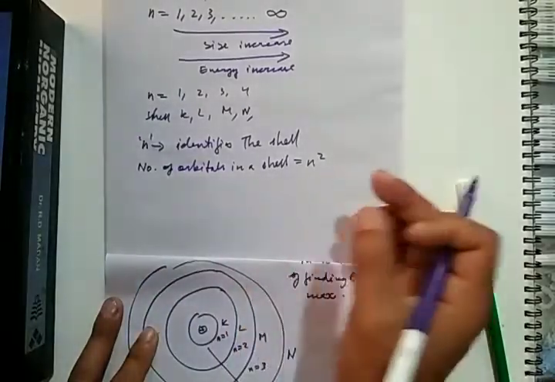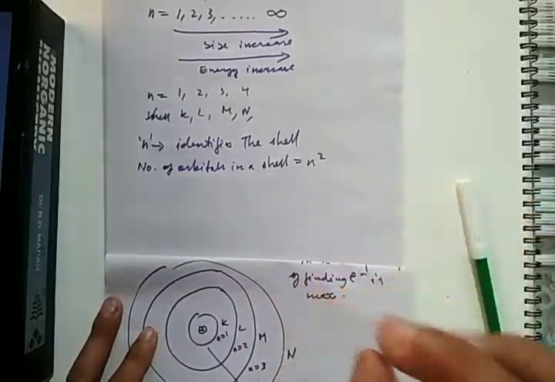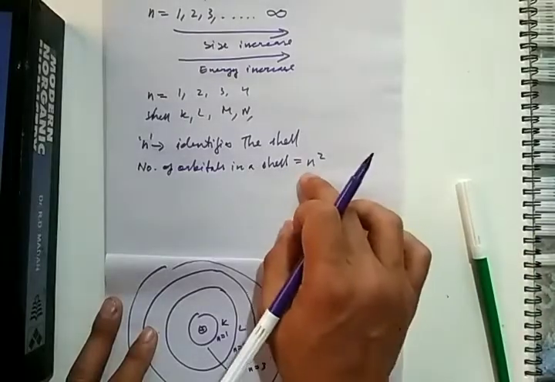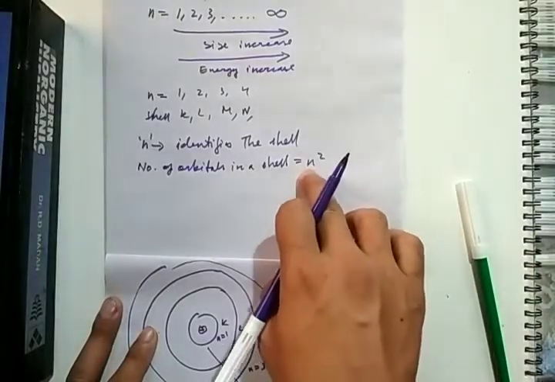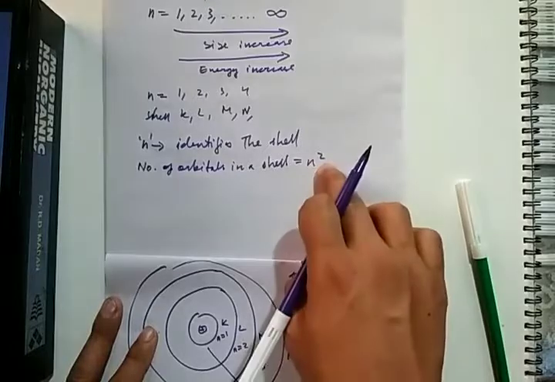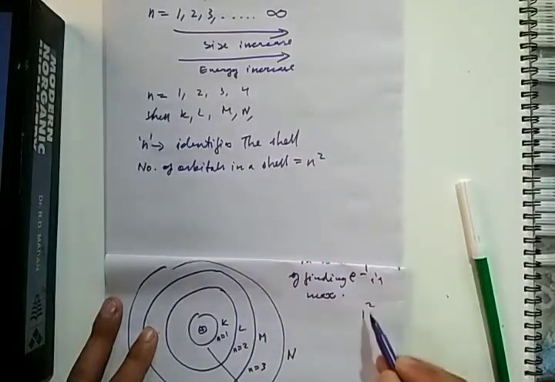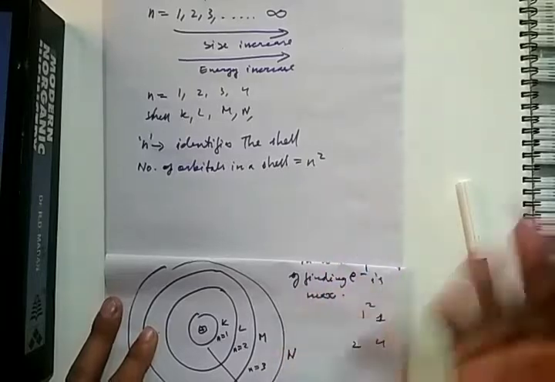If you want to find how many orbitals are in that shell, you can calculate with n square: 1 into 1 is 1, 2 into 2 is 4, like that.